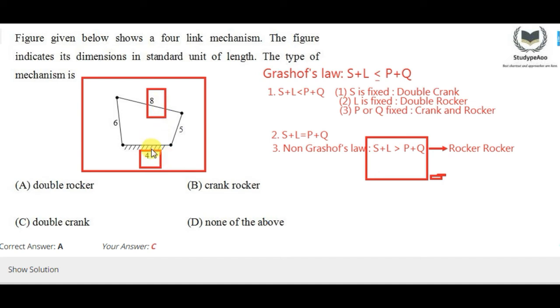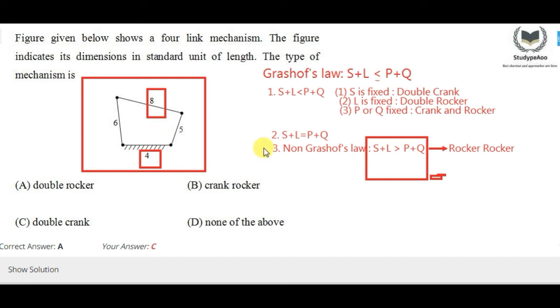Now we add the remaining links 6 and 5, and we get 11. Then we check whether this sum is greater or that sum is greater. Here the sum of these two is greater than the sum of the remaining two.